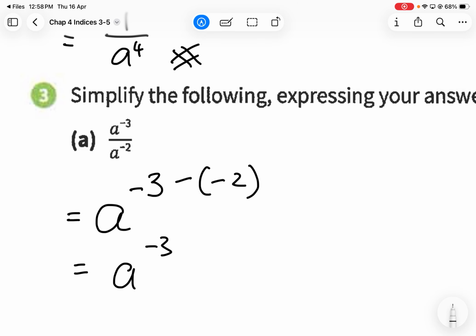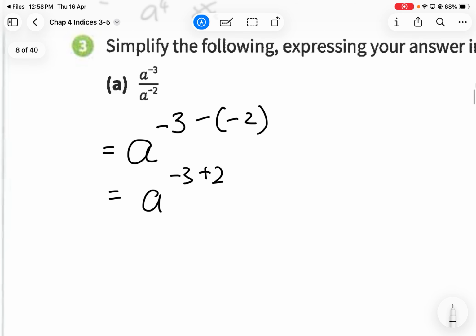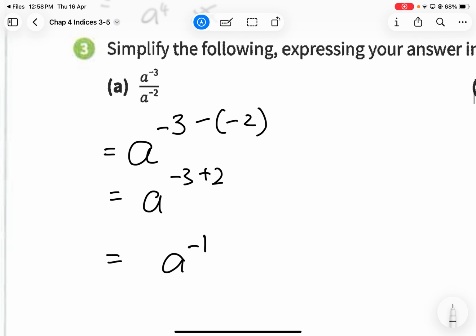Simplify, become minus 3 plus 2 equals to minus 1. Minus 1 is a negative index. I want it to become positive index. What do I do? How do I make it positive? Okay, correct.